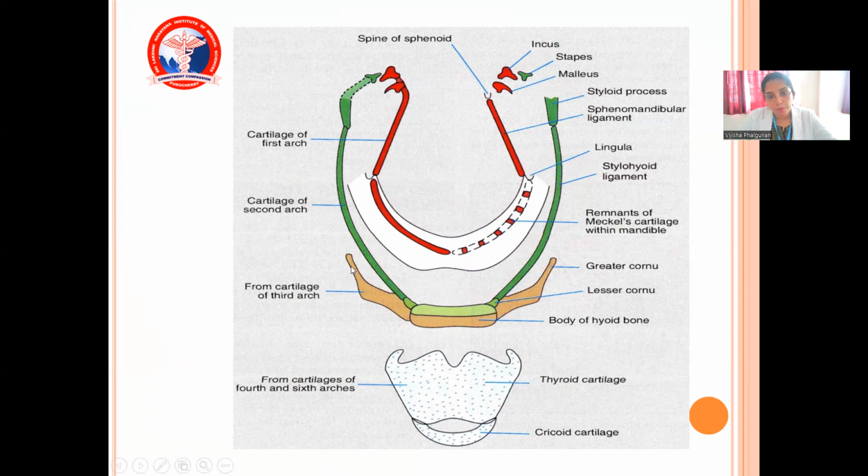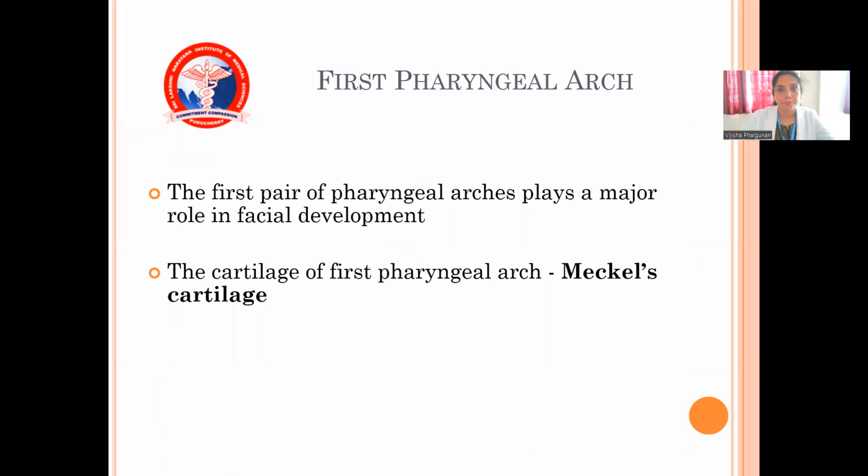The greater horn and lower half of the hyoid bone are derived from the third pharyngeal arch. From the fourth and sixth arches, you have the thyroid and cricoid cartilages. So this is in a simple nutshell; this picture will give you the major derivatives of the 6 pharyngeal arches.